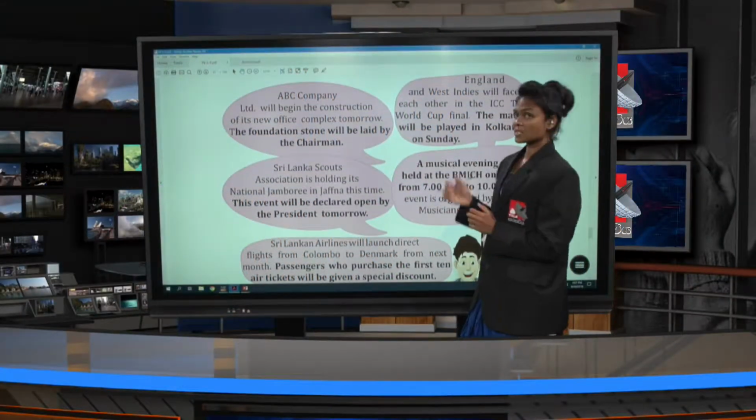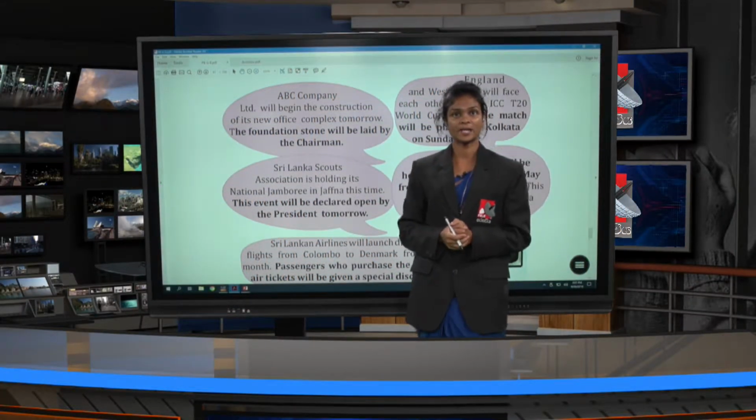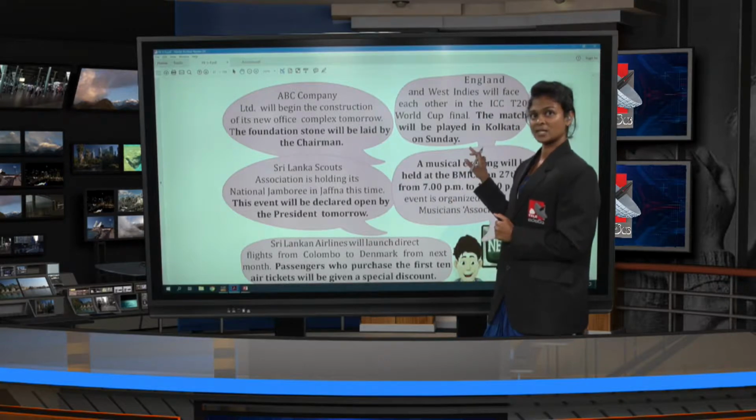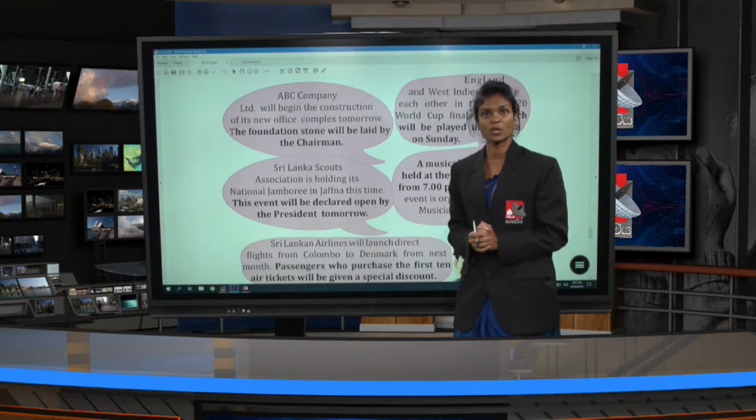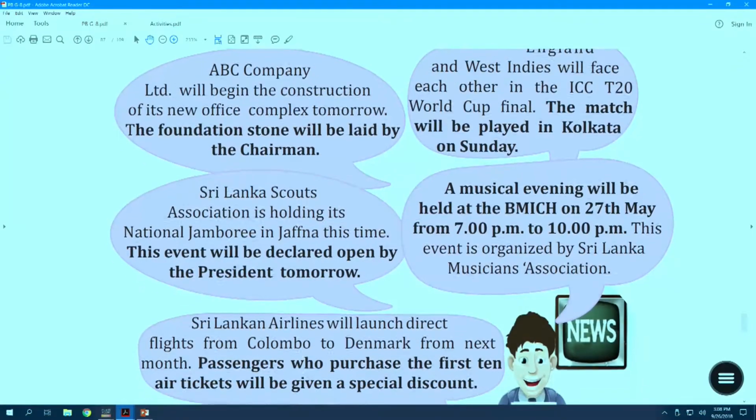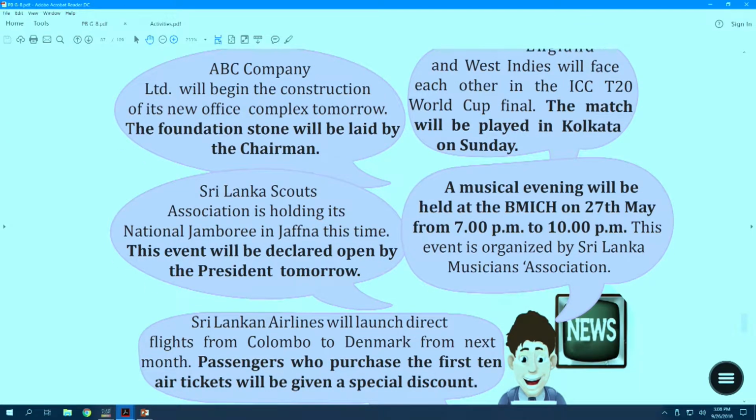Then the next, England and West Indies will face each other in the ICC T20 World Cup final. The match will be played in Kolkata on Sunday. Then the third one, Sri Lanka Scouts Association is holding its national jamboree in Jaffna this time.